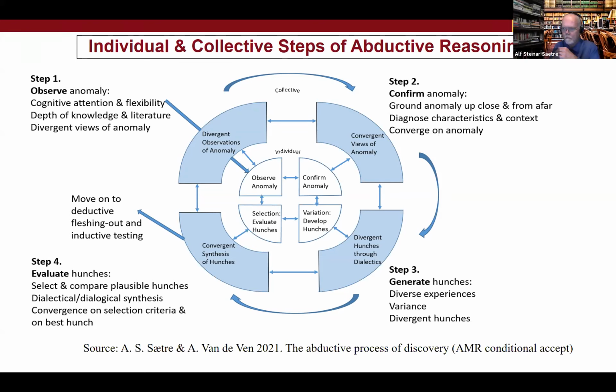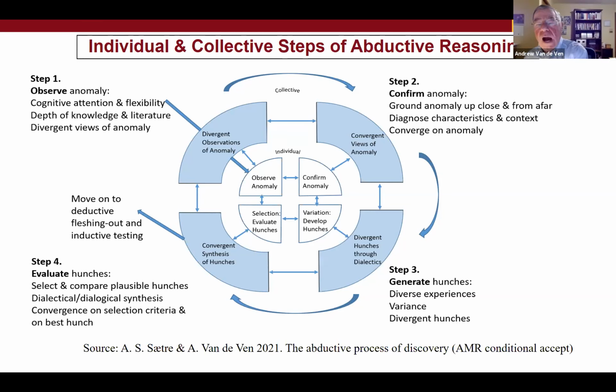But even if I do see an anomaly in step 2, I want to confirm that that anomaly exists up close and from afar. Up close is to provide particular instances observable. From afar is to know that, well, this is not a unique instance. This is quite pervasive.